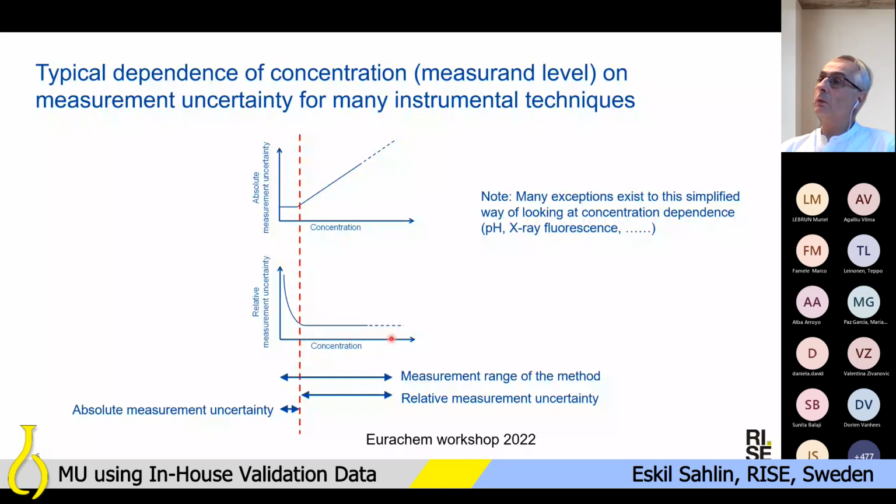And here, when we evaluate uncertainty, we can combine relative uncertainties from different concentration levels. Down here, it's more appropriate to have an absolute measurement uncertainty because then the absolute uncertainty is independent of concentration. So here when we calculate uncertainty, we can combine absolute standard deviations and absolute uncertainties.